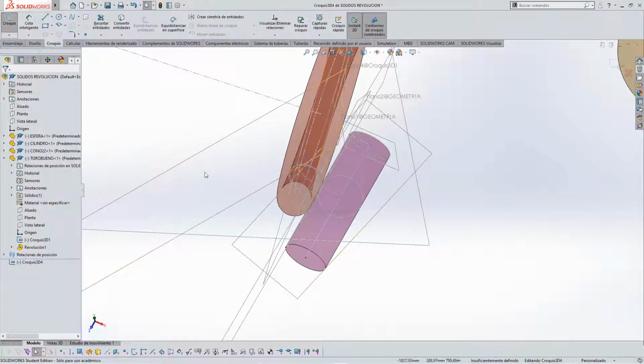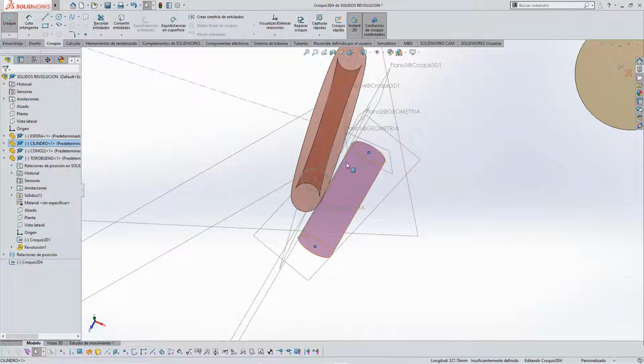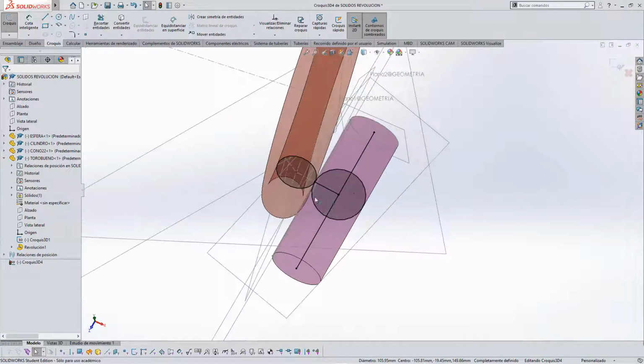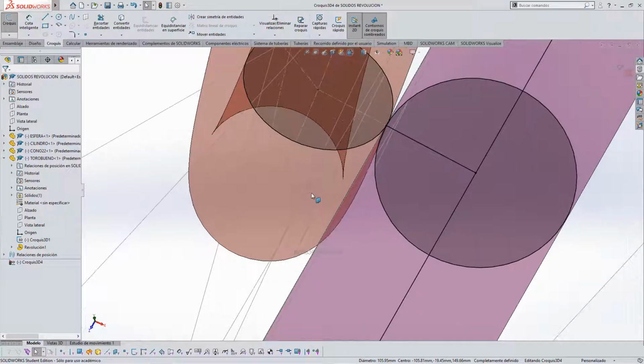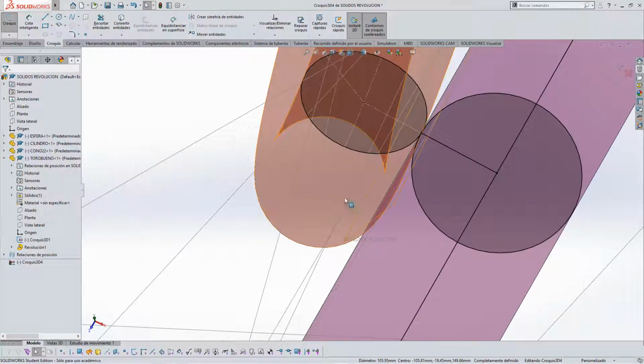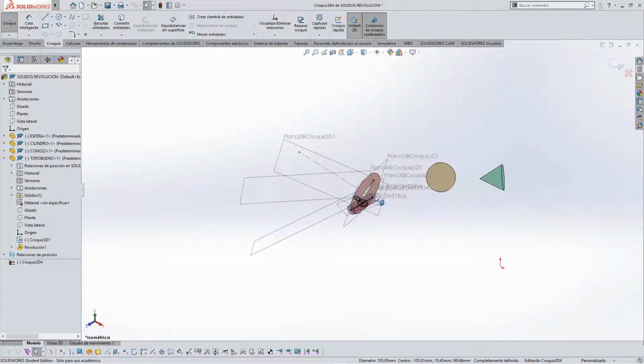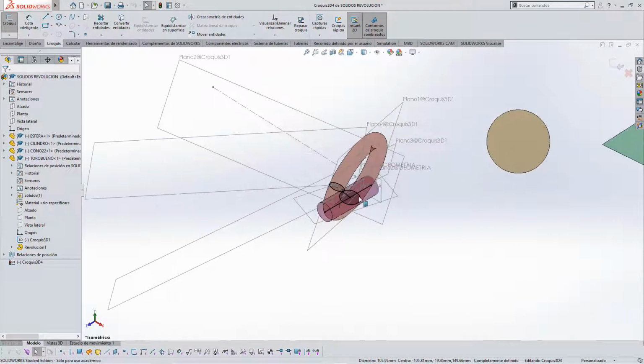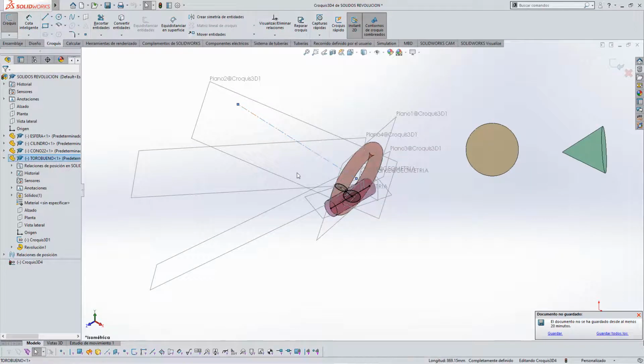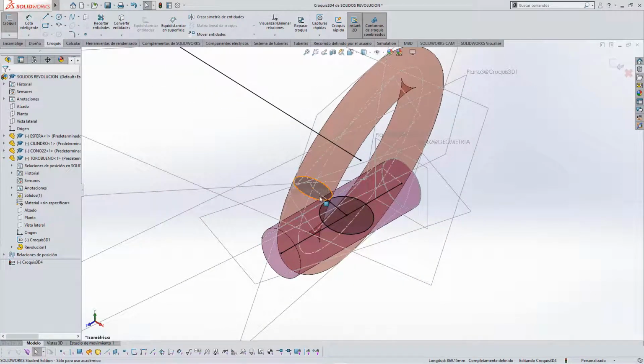As we did before, we are going to create a 3D sketch and convert the relevant elements to this sketch. So I'm going to convert the axis of revolution of the cylinder, and the circles of both inscribed spheres, in the cylinder and inside the torus. From the torus it is important to select also the circular axis, the axis of revolution, and the radius of the circle of the inscribed sphere we used to generate the tangent plane we had selected.